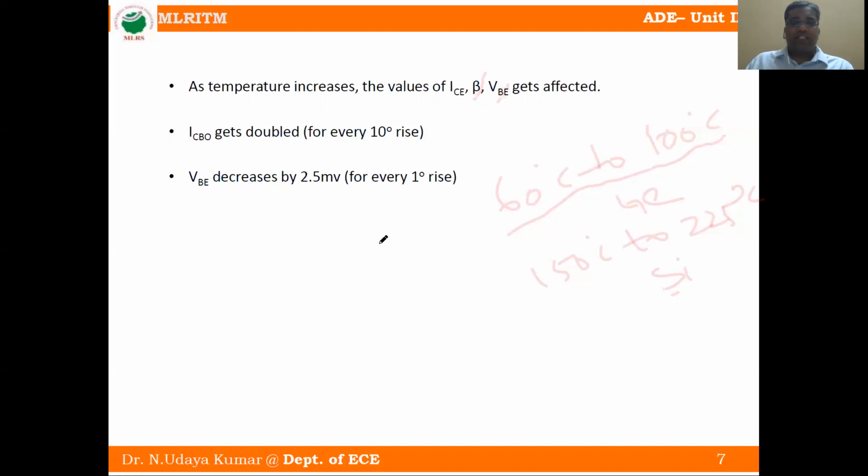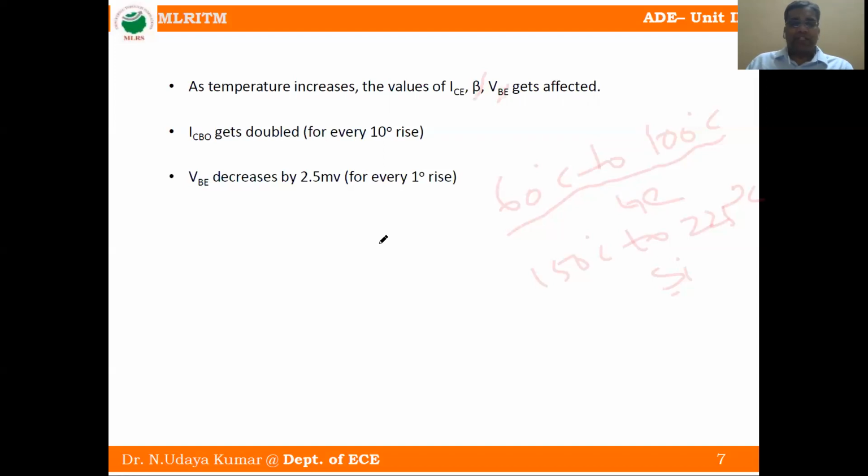If no stabilization is done, as in an ordinary amplifier, the collector leakage current also increases. If temperature increases, collector current increases. If collector current increases, the transistor gets heated. So if no stabilization is done, the collector leakage current also increases.